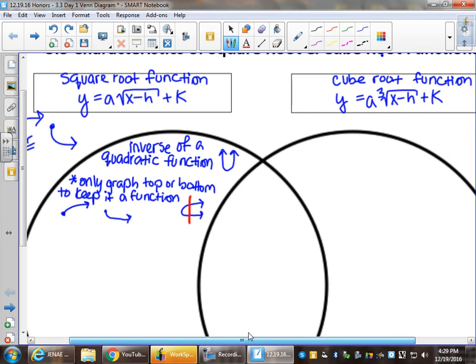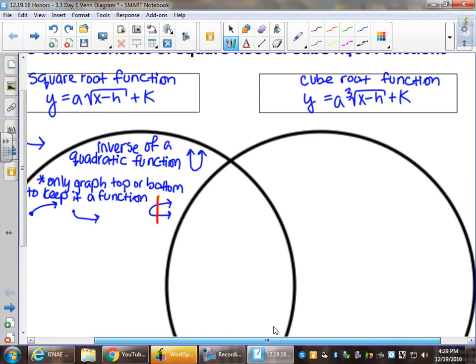Let's come over here and talk about cube root functions. Cube root functions are the inverse of a cubic function. Cubic functions, if we remember from our parent function chart, look like so.